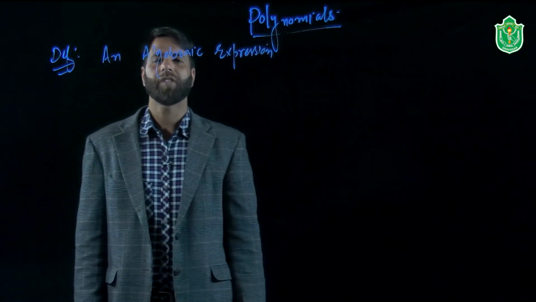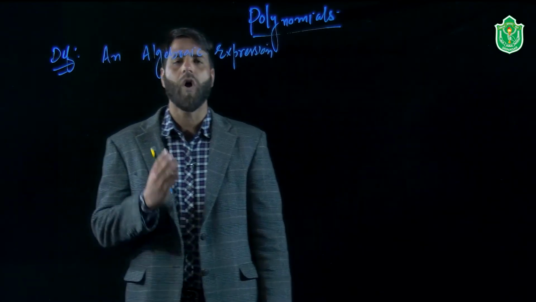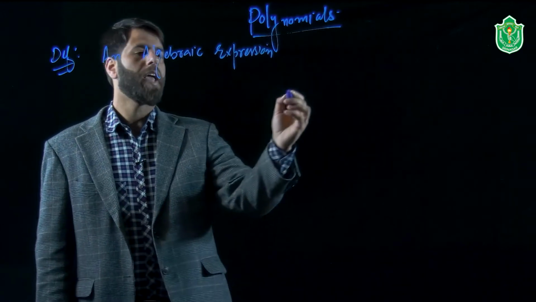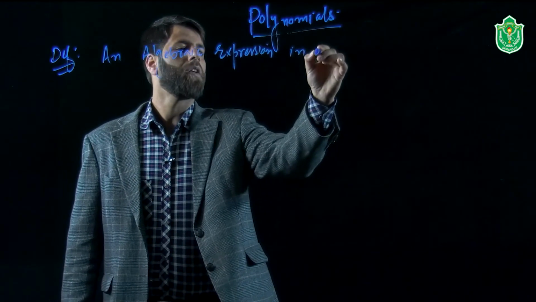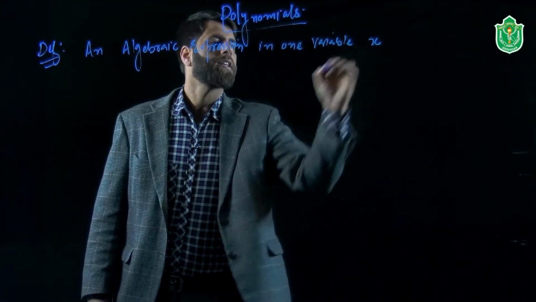What is an algebraic expression? It is the combination of constants and variables together with the mathematical operations, that is plus, minus, multiplication and division. A polynomial is an algebraic expression in one variable, that is most important, in one variable x.